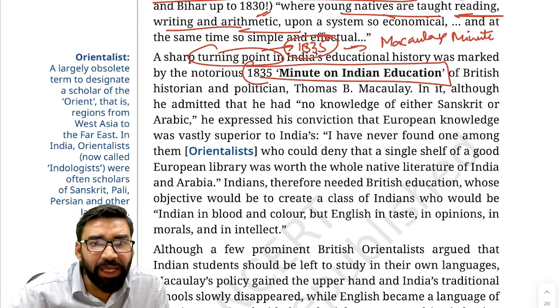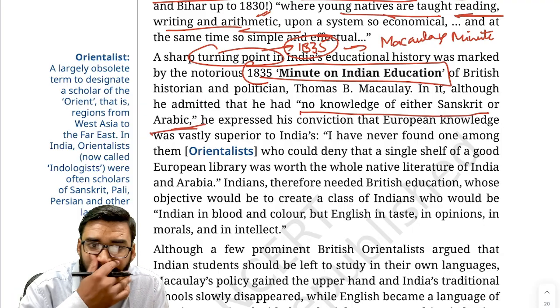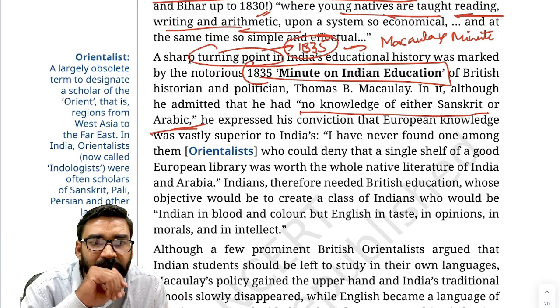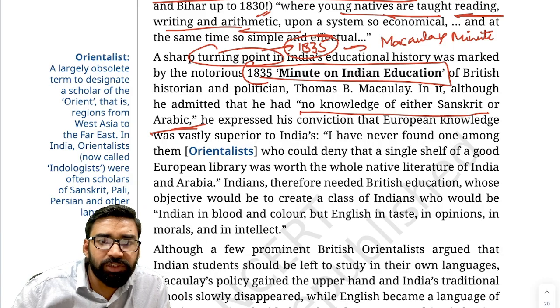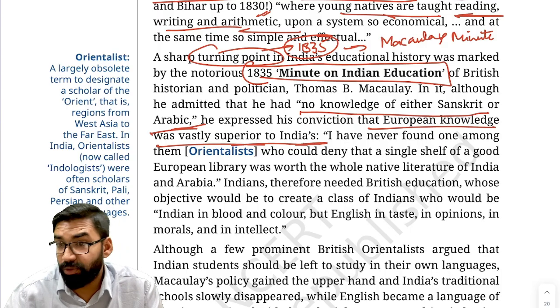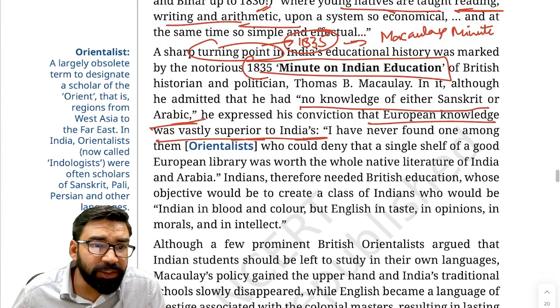Now, Macaulay said he had no knowledge of either Sanskrit or Arabic, and he expressed his conviction that European knowledge was vastly superior to India's. European knowledge is superior to India's. Clear? And what was the objective of Macaulay?